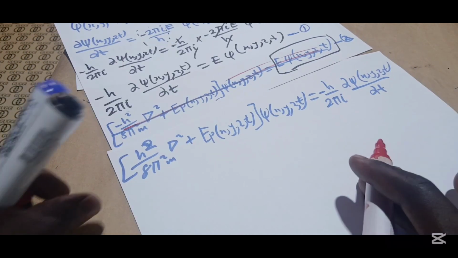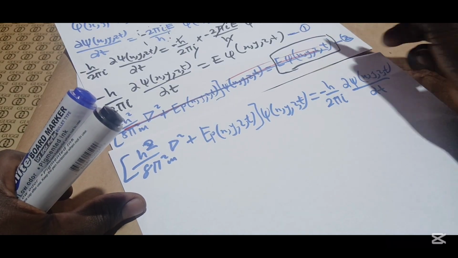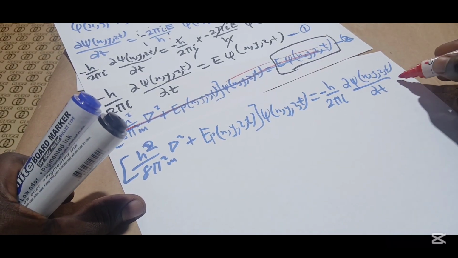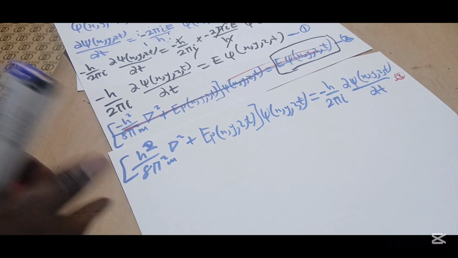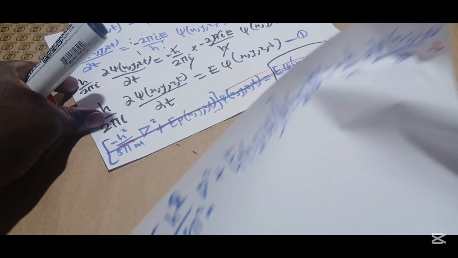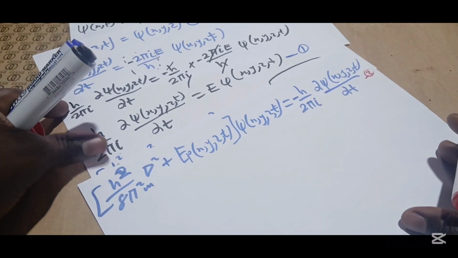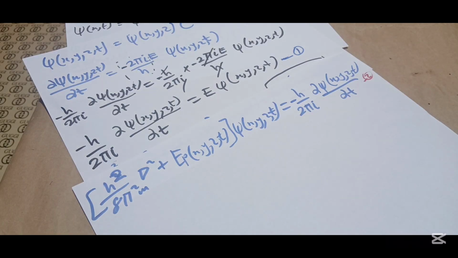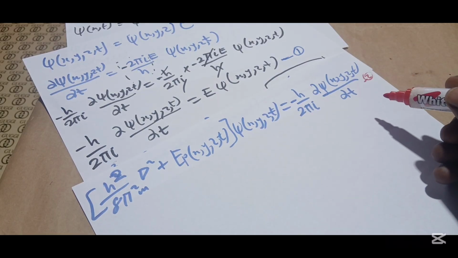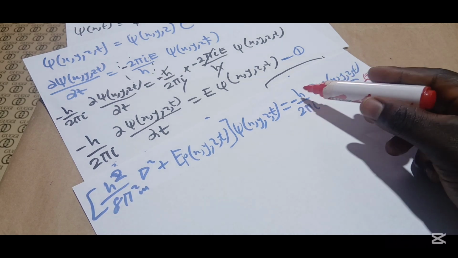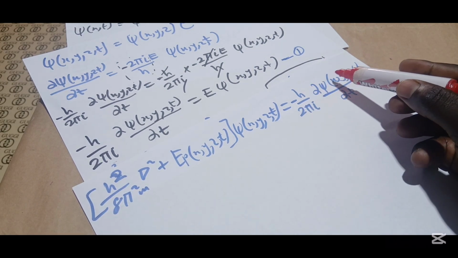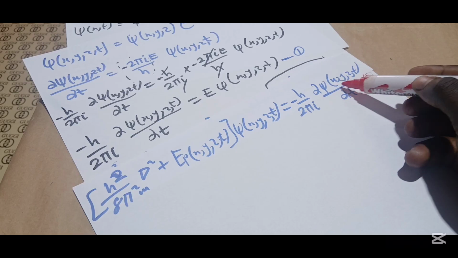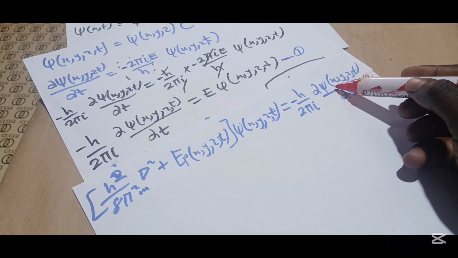So now we are going to add equation 1 and equation 2 together. Let's see how we do that. You can see that minus h over 2 pi i with the wave function changing with respect to time, we have it here.